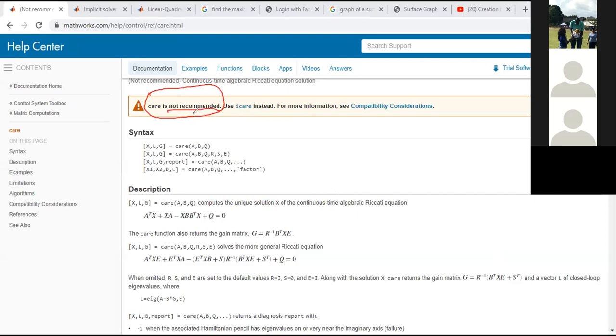Could I use it last year? Yes, but this year they're not recommending it, so we must use this function instead. I will go to this function after I explain what the CARE function is.